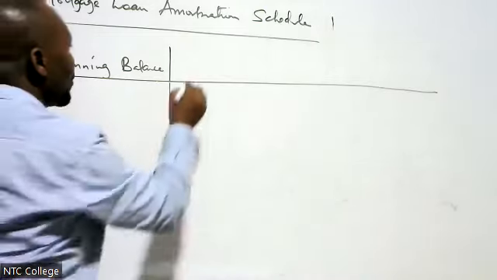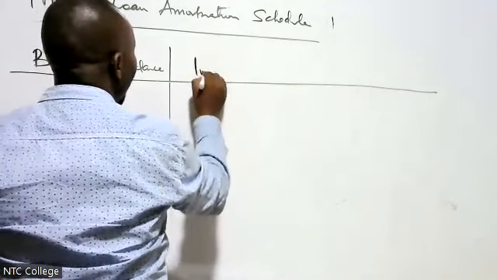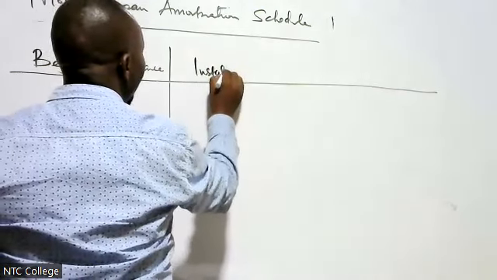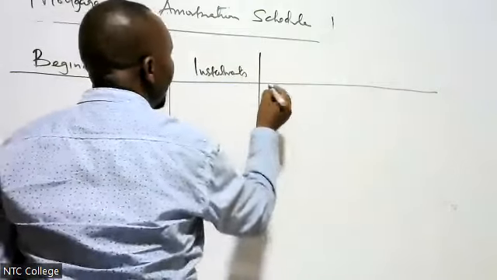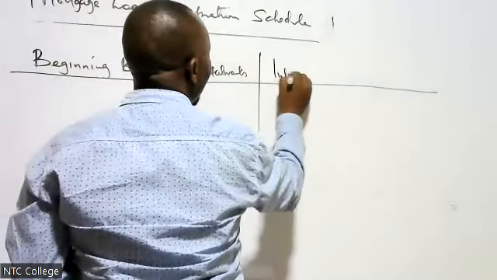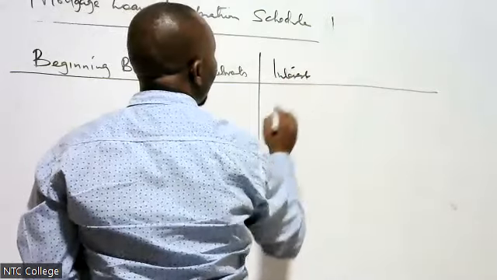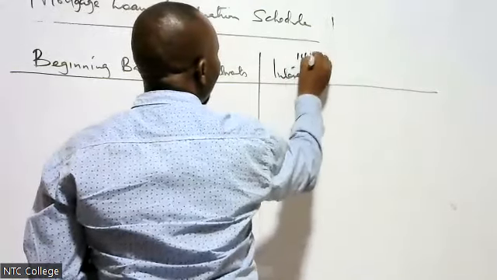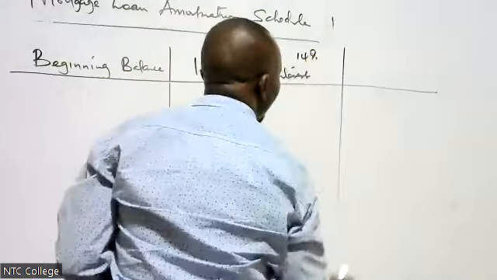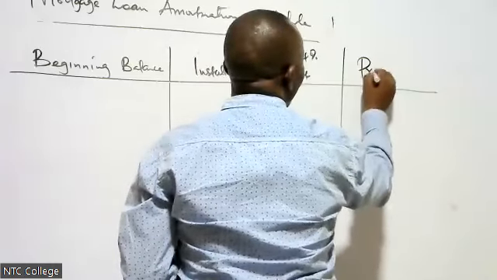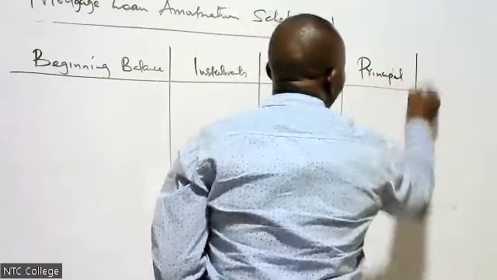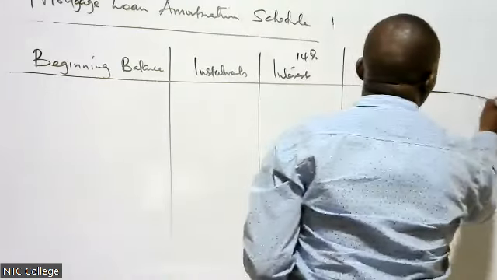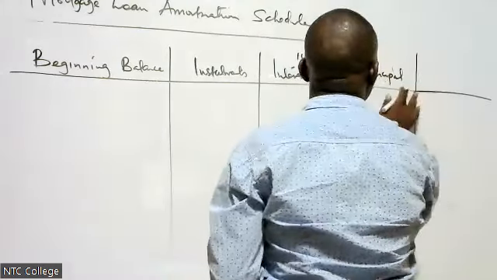Then we have installments that you're paying monthly. They are the same, right? And then we have the interest that you're being charged at 14%. Then you now have the principal amount, and then you have the balance.